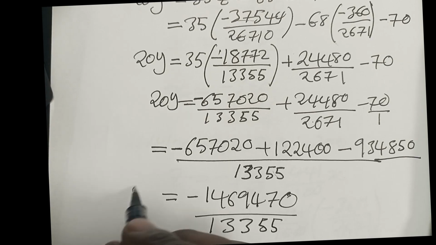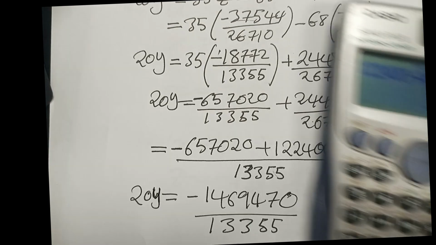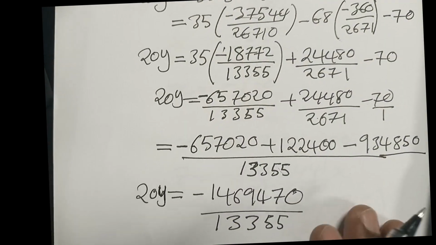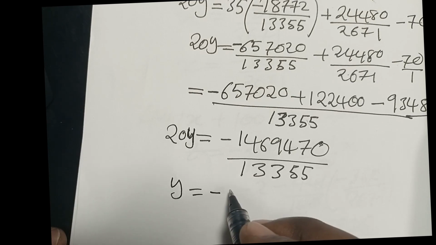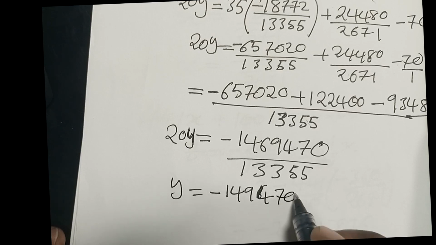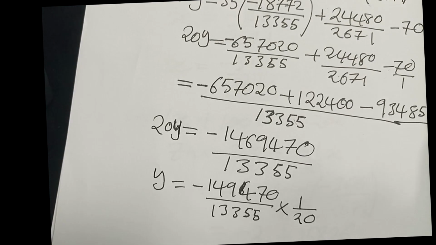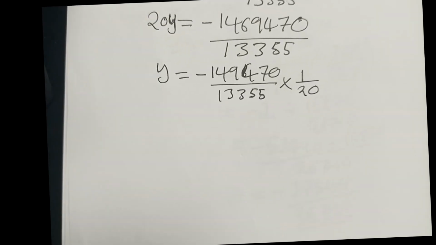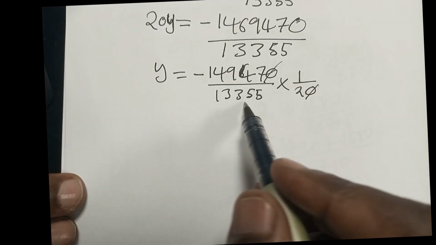13355. Remember there is 20y, so divide by 20 this side. Dividing by 20, we're going to have y is equal to minus 1469470 over 13355 times 1 over 20, of which from here the 0 and the 0 go, and then the 2 times what is down there.